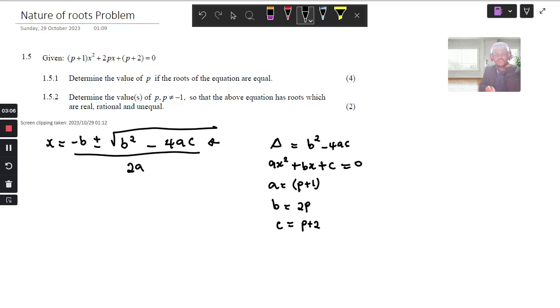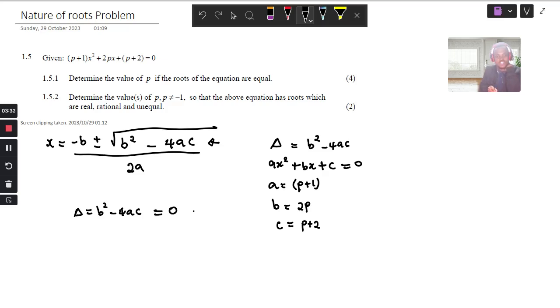To answer this question, when do roots become equal? Roots are only equal if the determinant, which is b² − 4ac, is equal to 0.